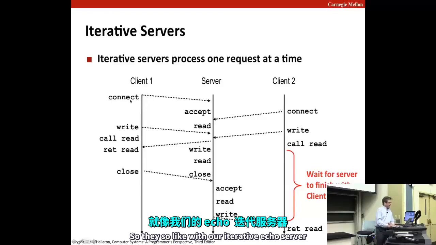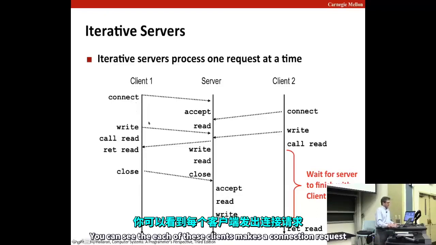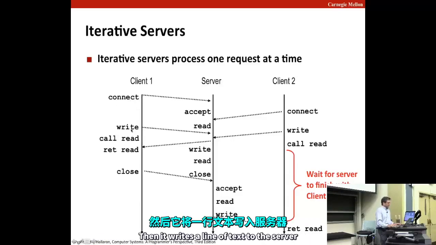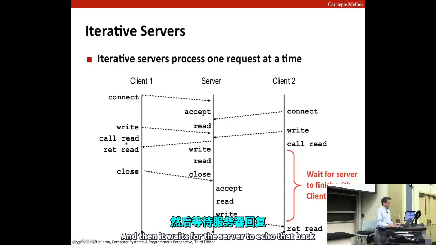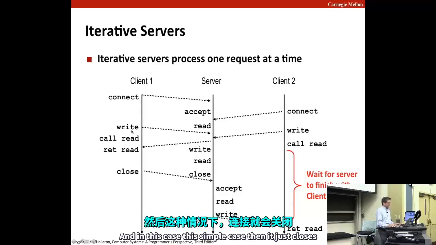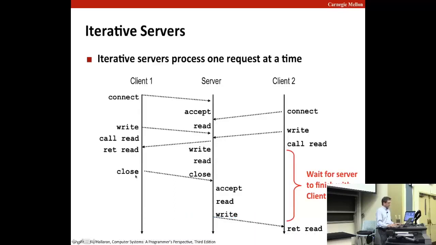So like with our iterative echo server, you can see each of these clients makes a connection request. Then it writes a line of text to the server, and it waits for the server to echo that back. And in this simple case, it just closes.